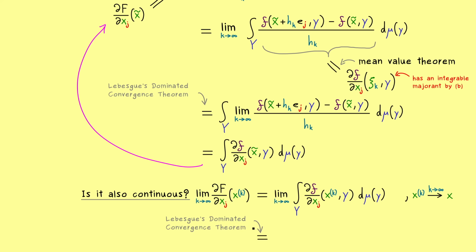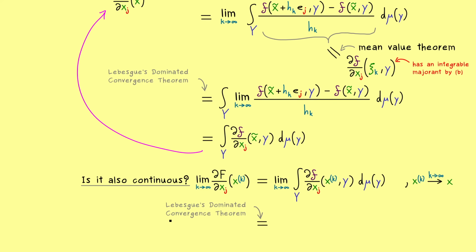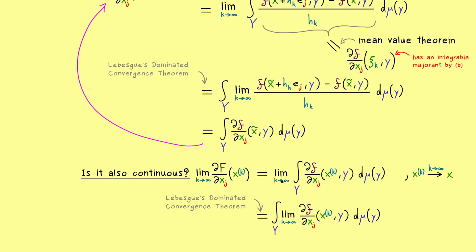So you see, this is simply Lebesgue's dominated convergence theorem again. And that's already it, because now we can use that we know that the partial derivative of lowercase f is a continuous function. So you can say the continuity there is inherited by our capital F as well. And that's it. Now we have proven this nice and important theorem.